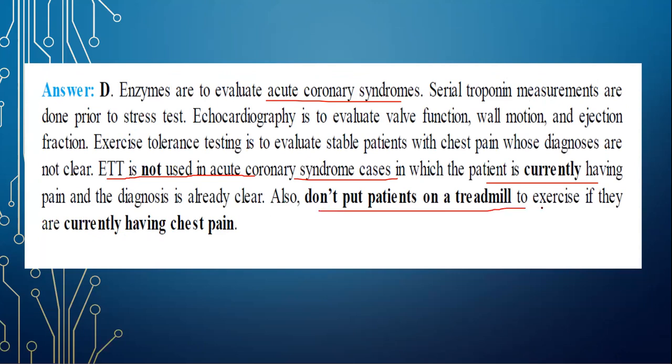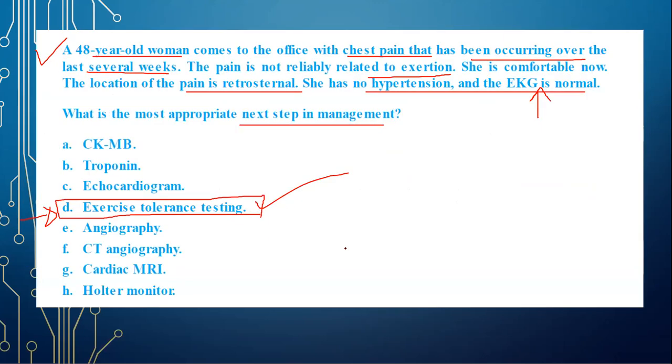So don't put patients on a treadmill if they are currently having chest pain. Any patient having chest pain at the moment, you should not do ETT. But our patient is comfortable now, so that's why we're doing an ETT. We don't need to do echo, troponin or CKMB in this patient.